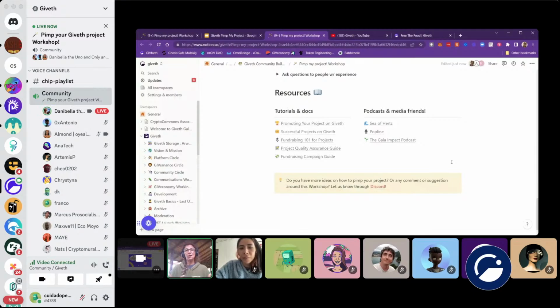So while Giveth is the platform, what I really want to encourage you to do is look around to see who's talking about the same things that are in alignment with your project, who's producing podcasts, who's sharing stories of other people doing good in the world. And when you find those, remember that you're a resource for the rest of this Giveth community. So you can add other resources and places.